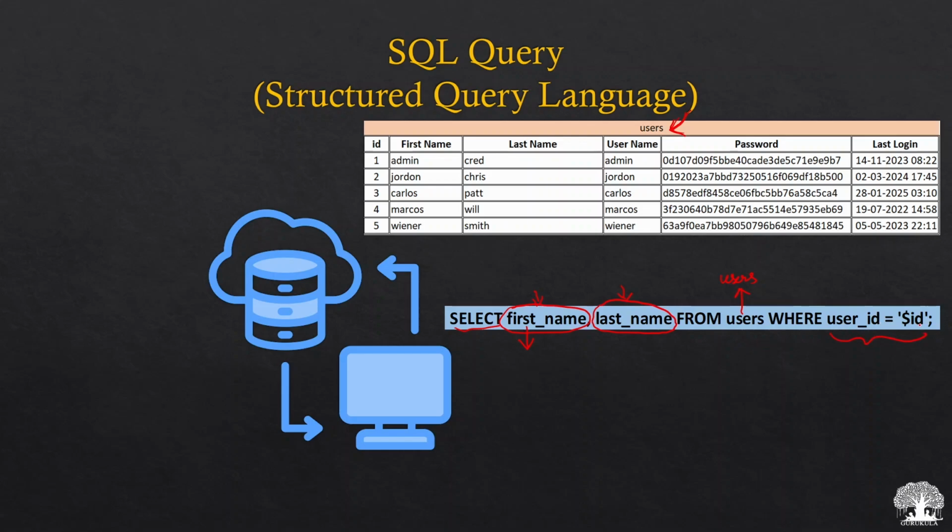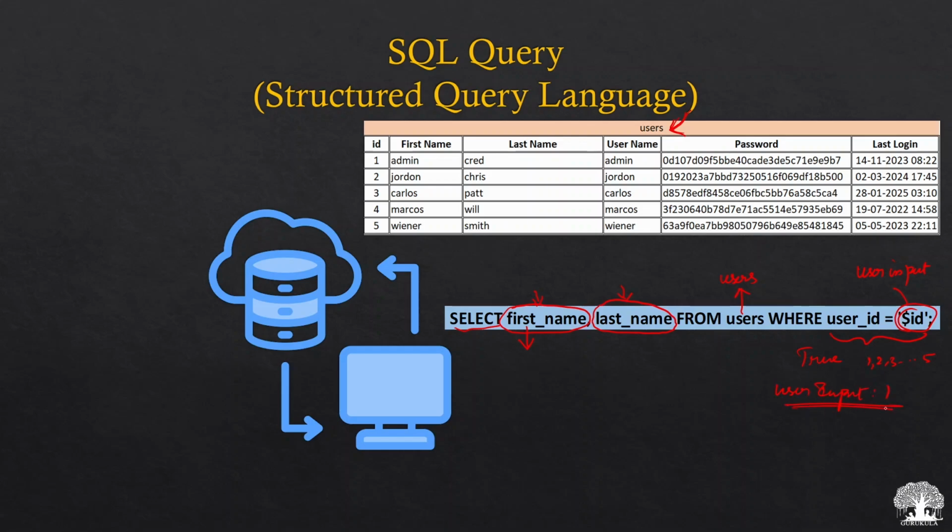So where user ID equals ID, which is represented within single quotes, which means this is user input. When the user inputs a number 1, 2, 3 or up to 5, then this condition becomes true. Let us assume that the user input is 1.